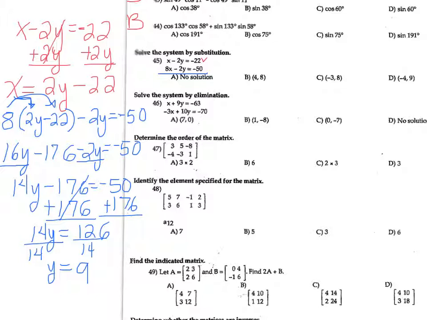So then, now what? I have the y. I need to find the x. How do I find the x? Plug it in into the y where the x is. So when you substitute 9 for y, that's going to be 2 times 9 is 18 minus 22. That would be what?